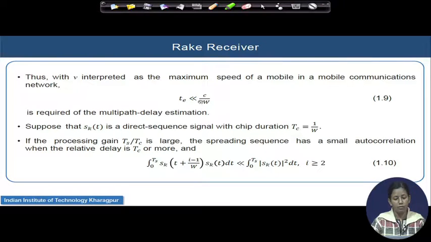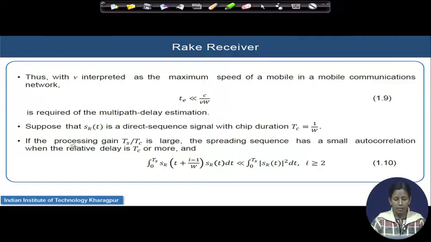V may be freely moving, it is the velocity of the mobile, but you can do the computation with the maximum speed possible in a mobile environment, and you can compute the maximum limit of this estimation time T_e for the multipath delay estimation inside the receiver. And that is the golden rule that you have to follow to update the delay estimation inside the Rake receiver.